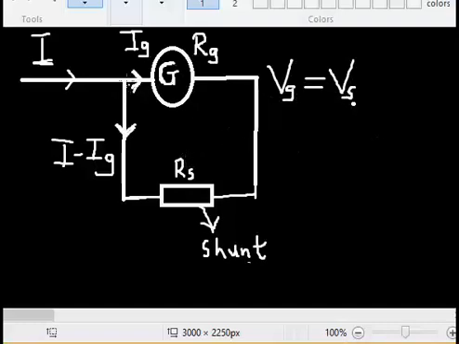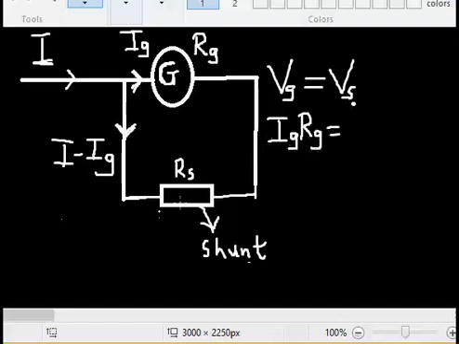According to Ohm's law, voltage is current times resistance. So the voltage across the galvanometer is the full-scale deflection current Ig multiplied by Rg, the resistance of the galvanometer.